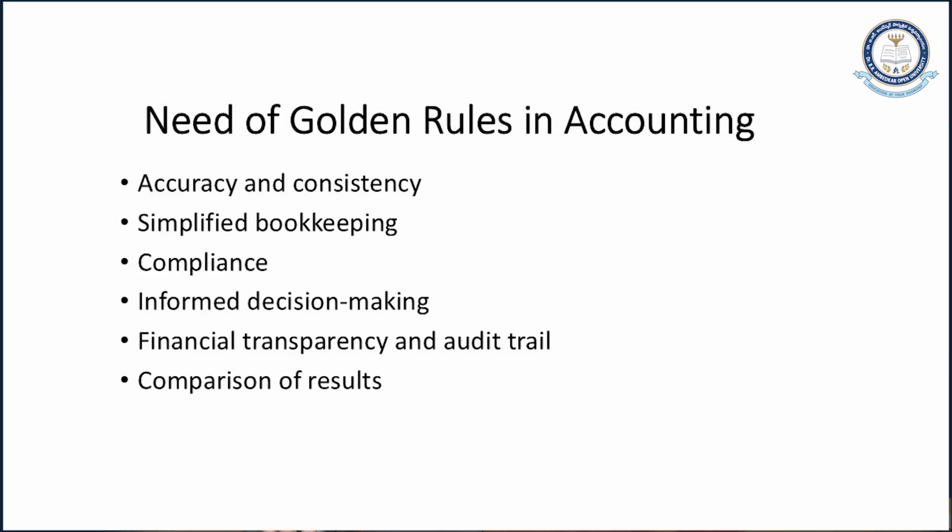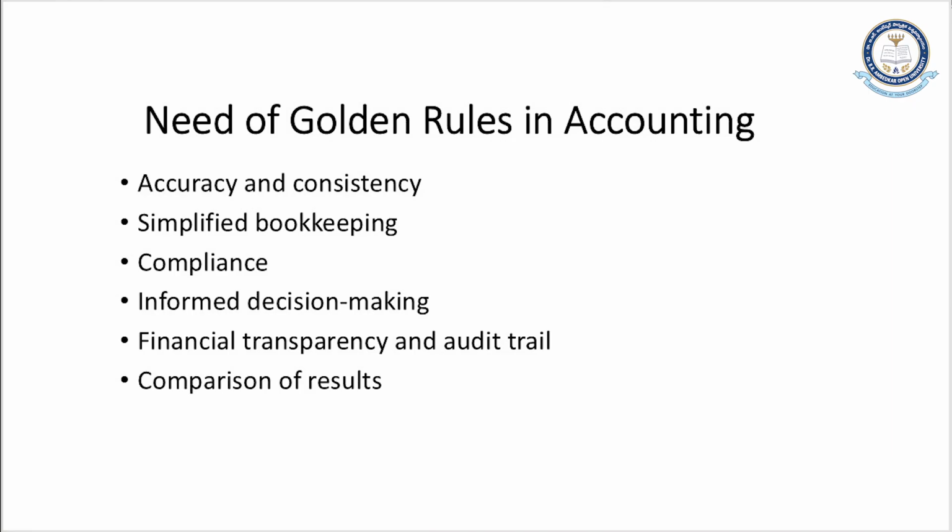If we are following a set of guidelines, then there are rare or no chances of us doing a transaction wrongly, and every transaction is recorded based on these guidelines and will be accurate, and there will be consistency over a period of time.